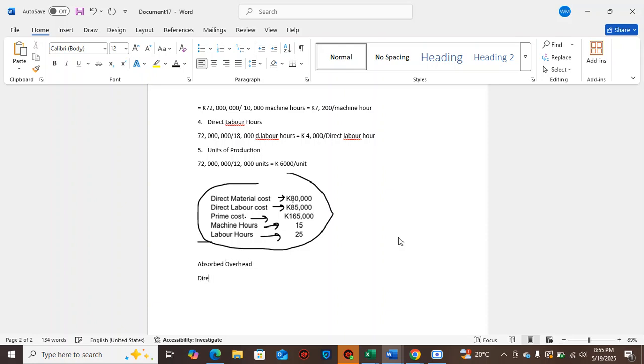So direct materials cost times the direct material overhead absorption rate. You're just going to say 80,000 times 112.5%. What do we get?